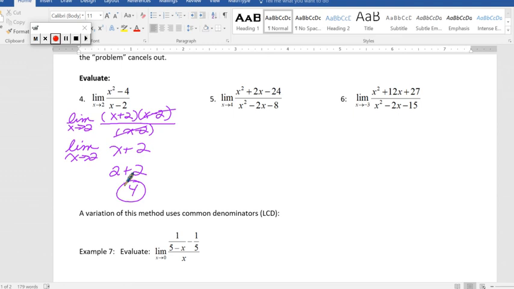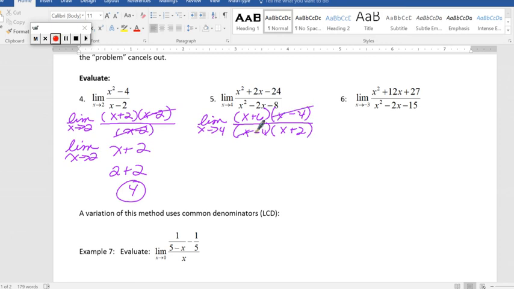Over here, again, if I were to substitute 4 in, it would drive my denominator to 0. So I'm looking at the limit here as x is approaching 4. If we factor the top, we're going to get x plus 6, x minus 4. On the bottom, we're going to get x minus 4, x plus 2.